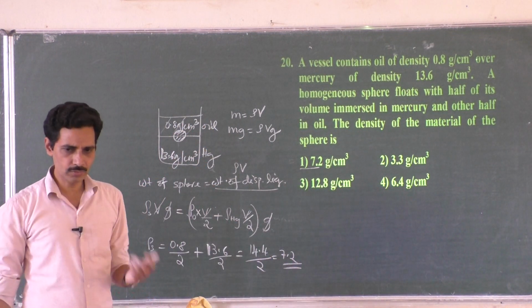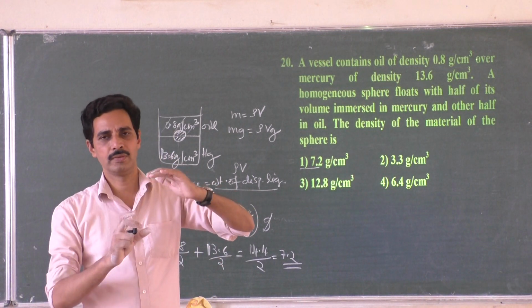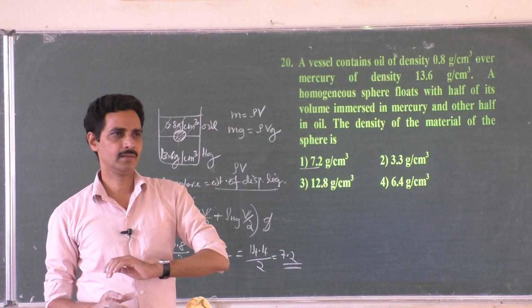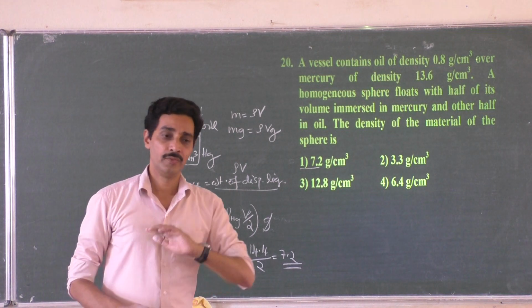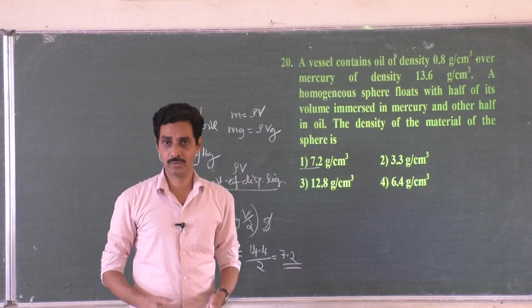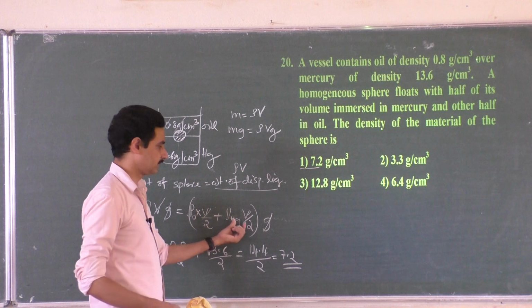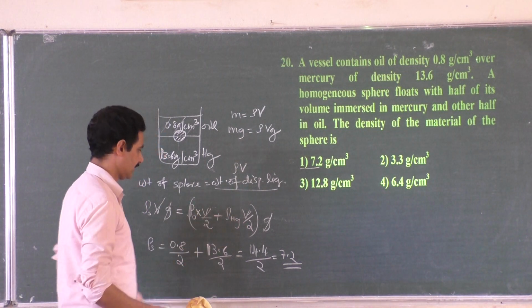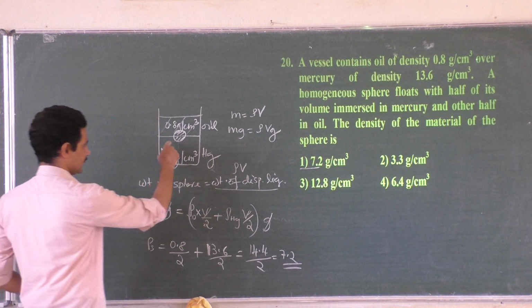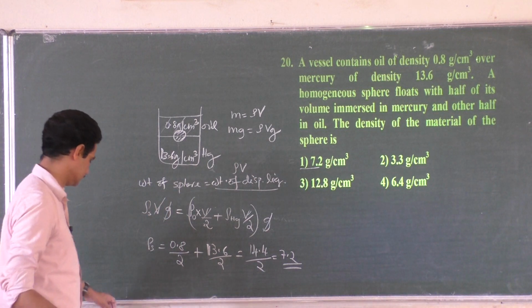Since there are two types of liquids and the sphere is floating within the two liquids, you have to take the weight of the liquid displaced in both fluids, oil and mercury. Density into volume, and the volume is half because half of the volume is inside each. So option 1.